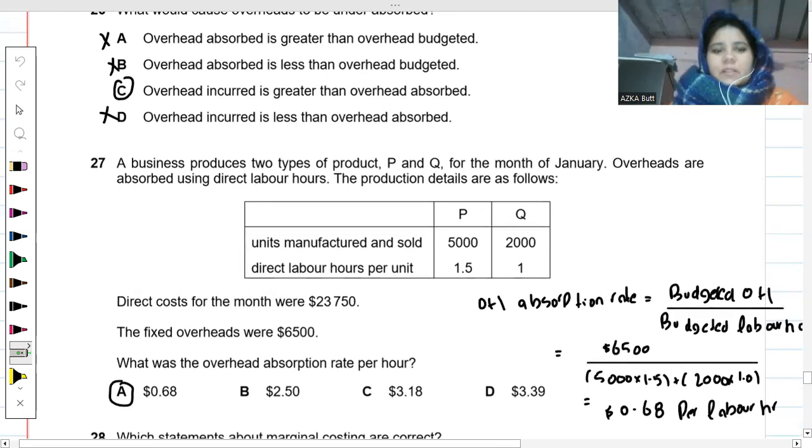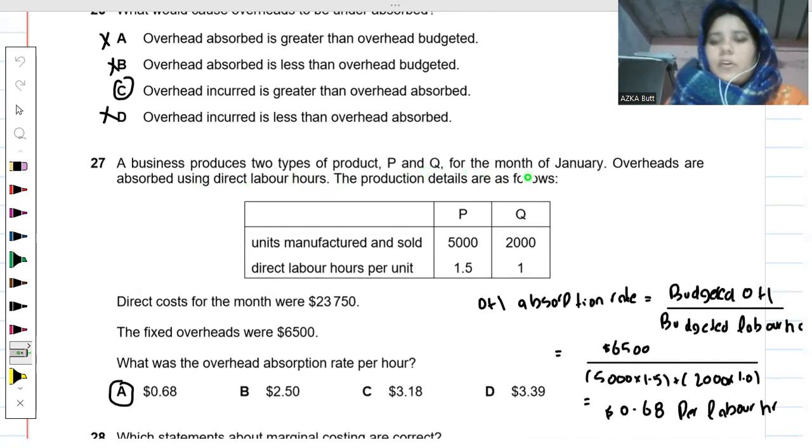Okay. So in this question, a business produces two types of product, P and Q. For the month of January, overheads are absorbed using the direct labor hours. So production details are as follows. For P, we have made 5,000 units and we successfully sold these units.